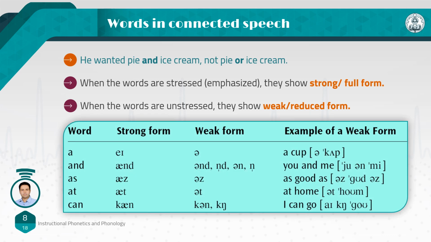Look at this table. Several of the words in this table have more than one weak form. Sometimes, as in the case of, for example, "and," or "for" or "can," you can see that we have more than one weak form. There are no clear rules as to when one as opposed to another of these forms is likely to occur.